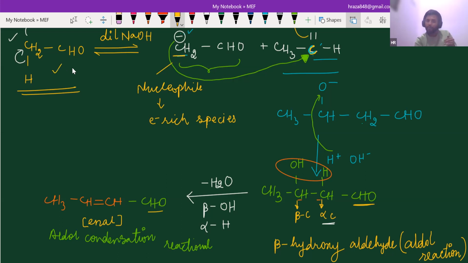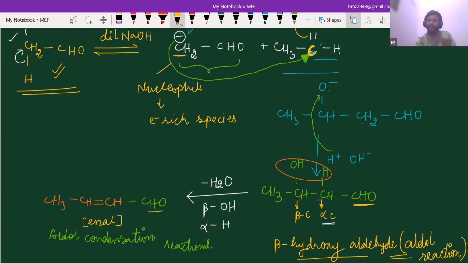And again, you take this mole where C double bond O is there. Oxygen will take electron and the carbon will have a deficiency, and this negative will attack on this, and then just add it and then react with H2O. H plus will go on this, and you will get beta hydroxy aldehyde, which is aldol reaction. Ald for aldehyde, ol for alcohol. So beta hydroxy aldehyde is known as aldol reaction.